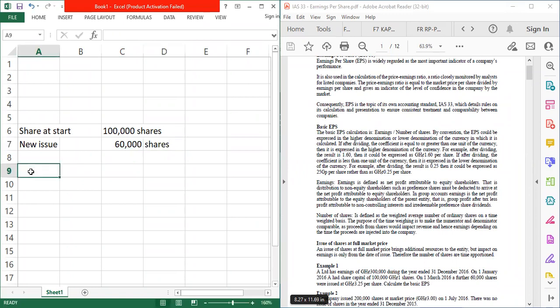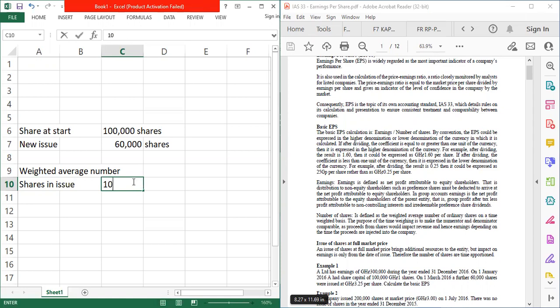So what we do is that if you want to find the weighted average number of shares, I will show you two ways of doing it. The first one is you look at the shares in issue. The share in issue was how much? The beginning share.